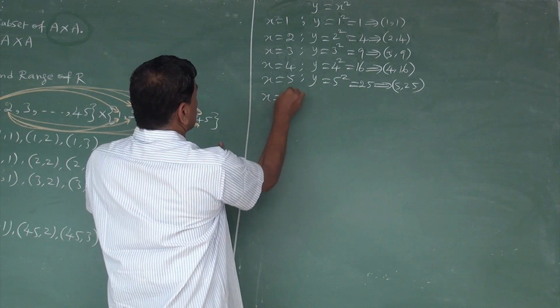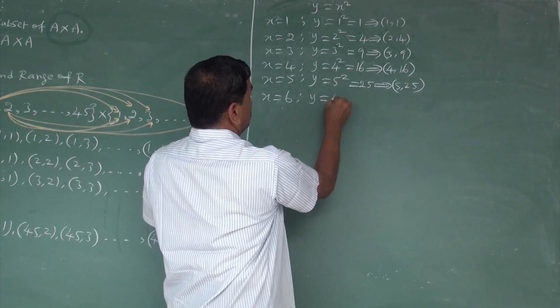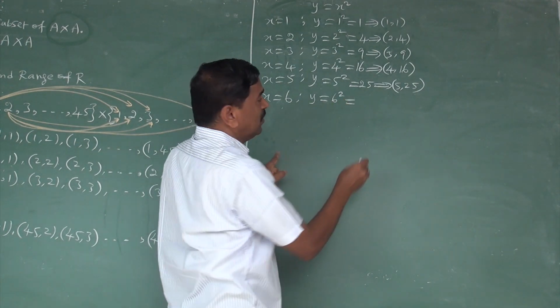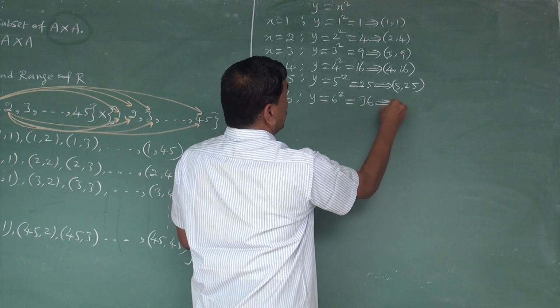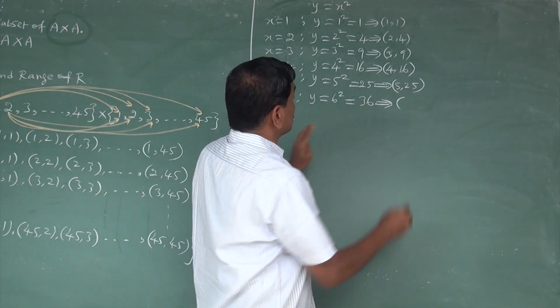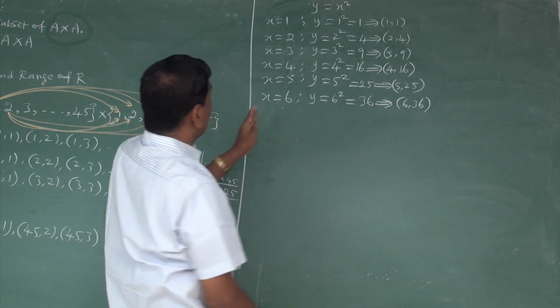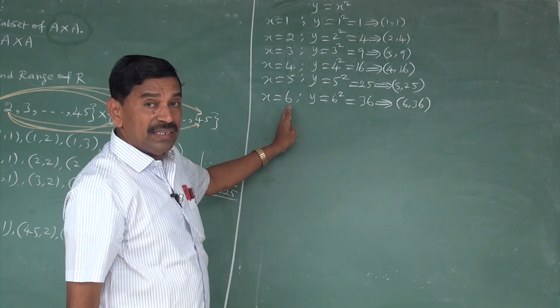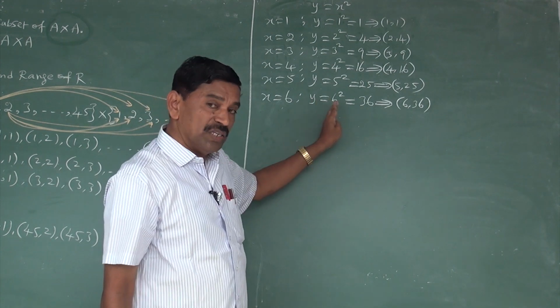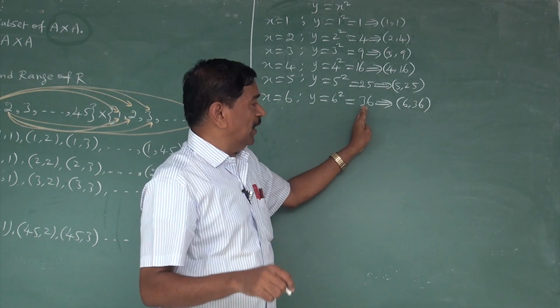When x equal to 6, y is equal to 6 square, which is equal to 36. Can you tell me the ordered pair? 6 comma 36. Okay. Remember, when x equal to 7, y is equal to 7 square, which equals 49.